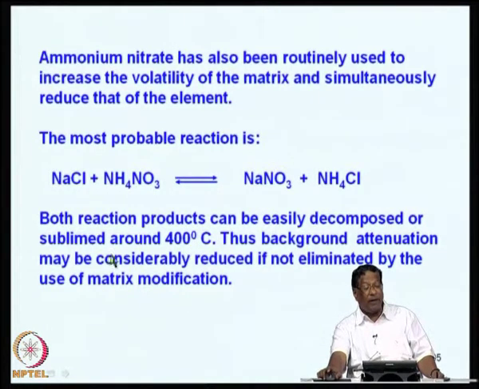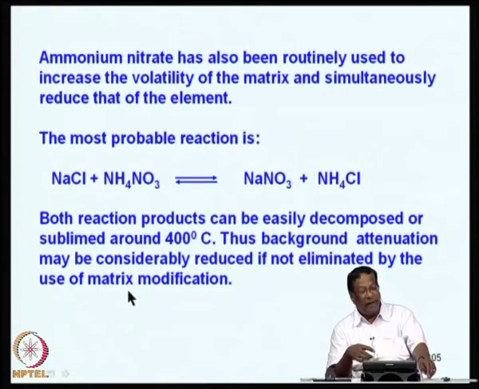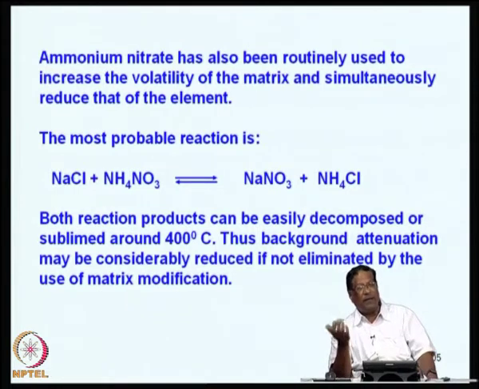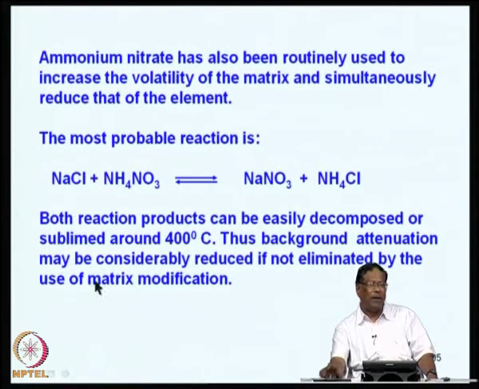Thus, background attenuation may be considerably reduced, if not eliminated, by the use of matrix modification: the addition of nitric acid, ammonium acetate, palladium nitrate, etc. These are all called ashing aids as well as matrix modifiers.